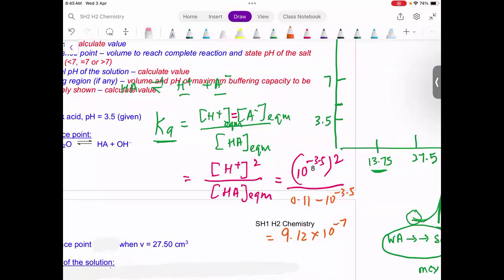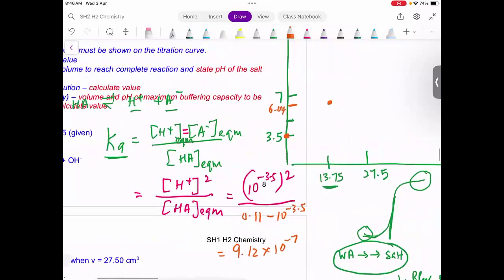Once I have the Ka value, I can calculate the corresponding pH for my max buffer. The corresponding pH is 6.04. So I shift my point nearer to 7. This is my max buffer point. I have one point at volume 0, and one point at 13.75, the max buffer point.